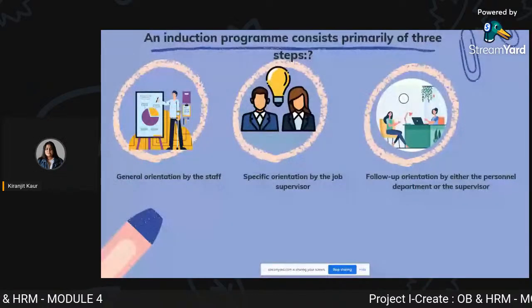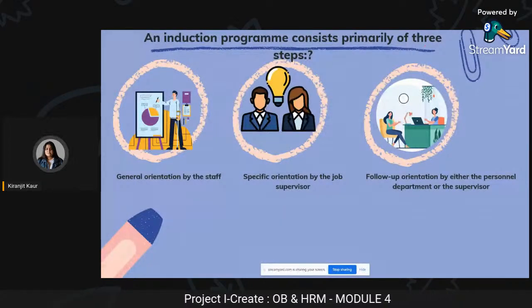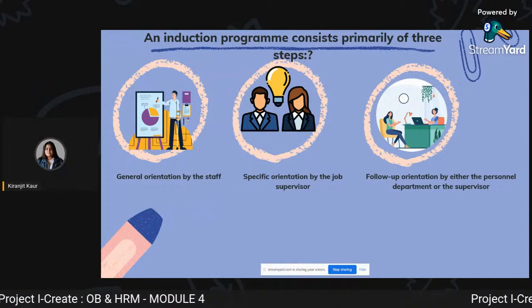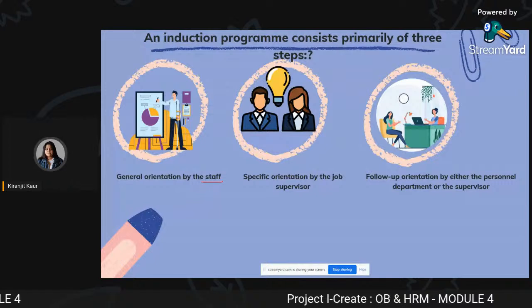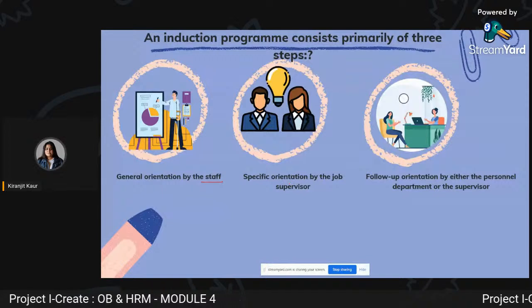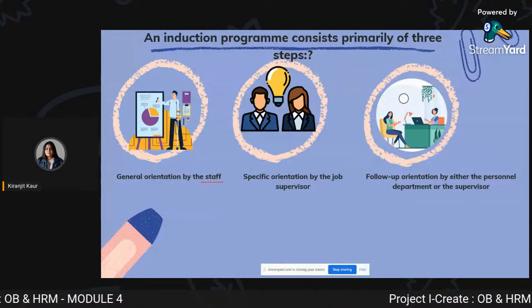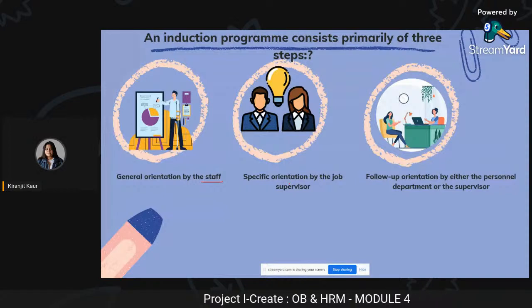Next, an induction program consists primarily of three steps. So there are some steps in any kind of induction program. First is general orientation by the staff, with whom the employee is working. Then there should be specific orientation, where all the job related responsibilities will be told to the employees by the job supervisor.